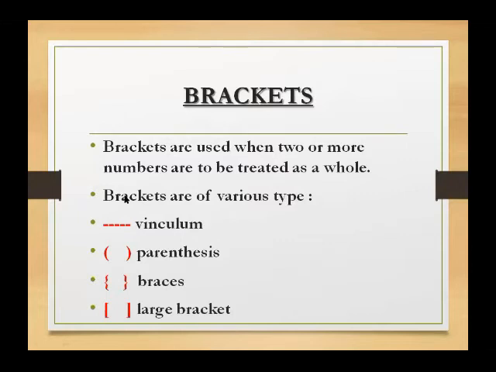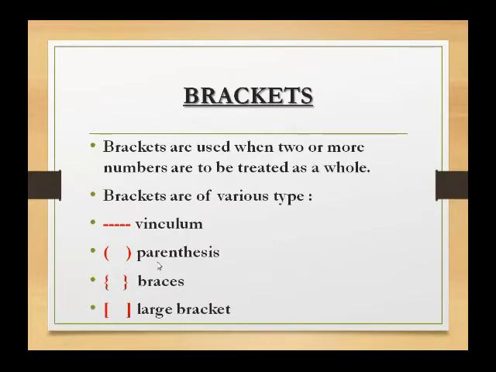Brackets are used when 2 or more numbers are to be treated as a whole. The types of bracket are: number 1 is vinculum, a straight line over the numbers. And how do we remove vinculum? We remove vinculum by changing the sign.